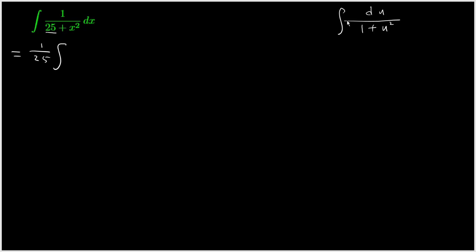On the numerator you have dx; on the denominator we wanted 1 at this location. After taking 25 out of the 2 factors on the denominator, you have 1 at this location, and then plus x squared over 25.